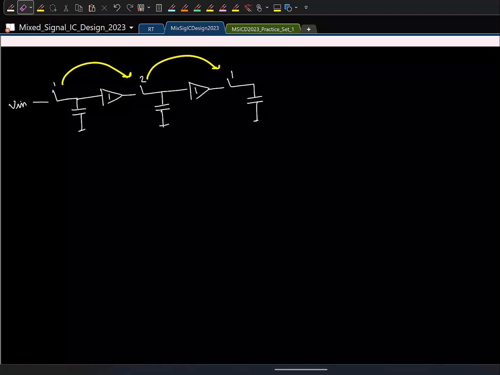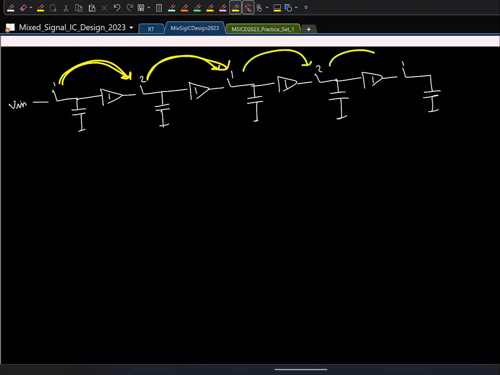So if that's the case, let's say we add one more thing like this. So what will be the output here? N minus 2. Again, from 1 half clock cycle, 2 half clock cycles, this is third. So 4 half clock cycles of delay.